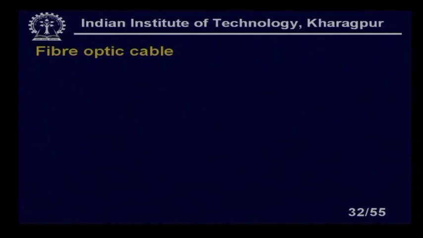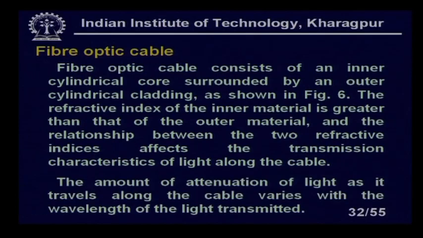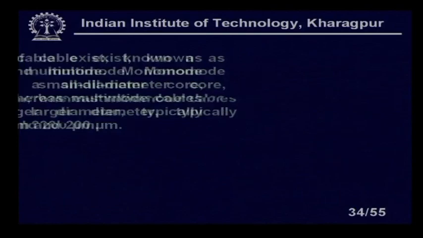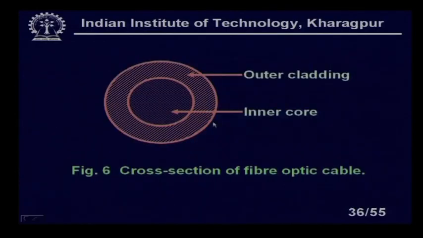Fiber optic cable. Fiber optic cable consists of an inner cylinder core surrounded by an outer cylinder cladding as shown in figure 6. So, we have an inner core, an outer cladding, then the jacket and all these things.